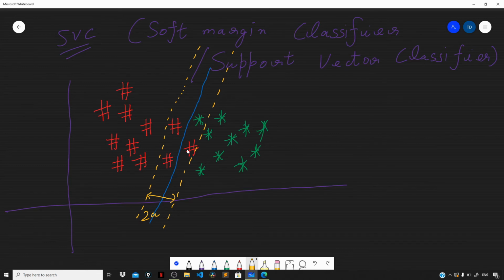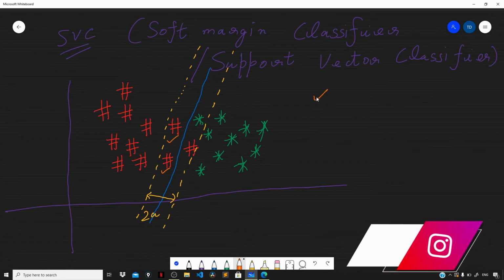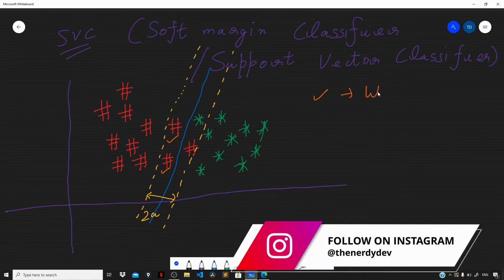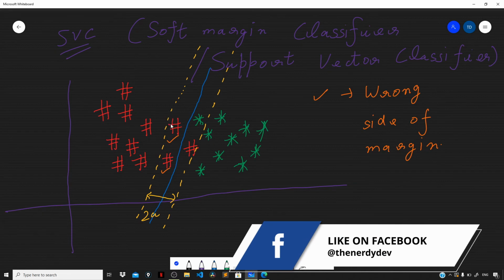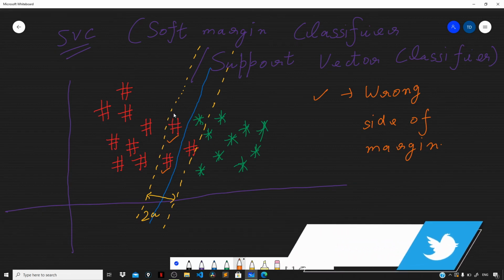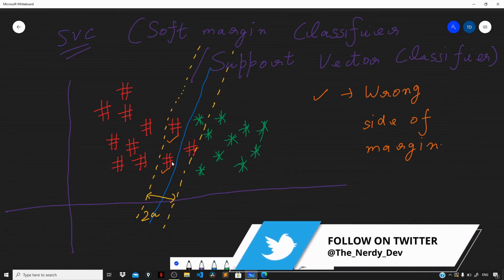Now these 2 hash points are on the wrong side of the margin. So let me mark them. The 2 points that are ticked using the orange color are on the wrong side of margin. This means that these 2 hash points should have been to the left of this dotted line, but they are on the right of the dotted line, that is, they are lying within the margin.